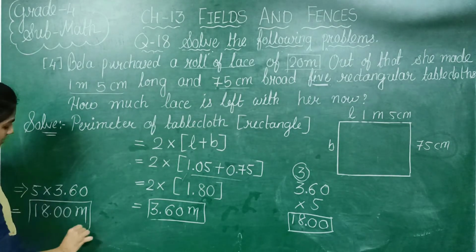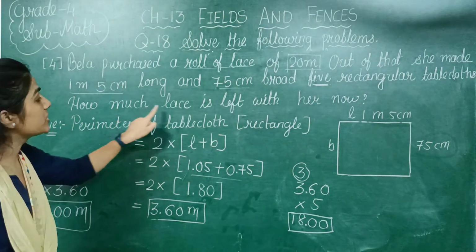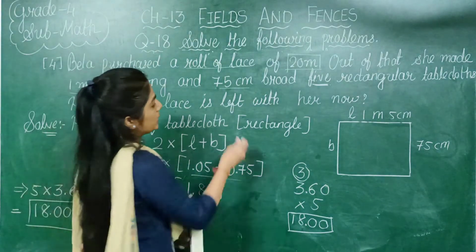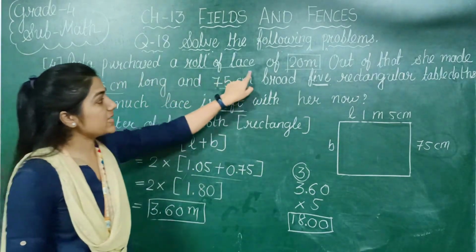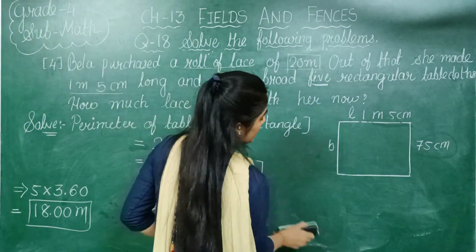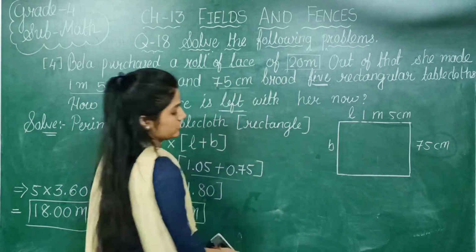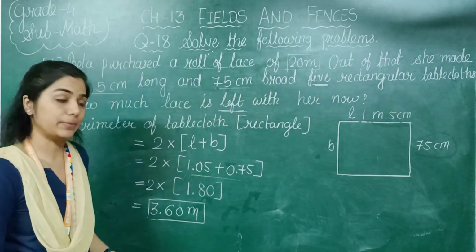Now you just check the question. The sentence asks how much lace is left with her. The total roll of lace she has is 20 meter. So we have to find the left lace. The word left is given, so definitely we will do the subtraction.